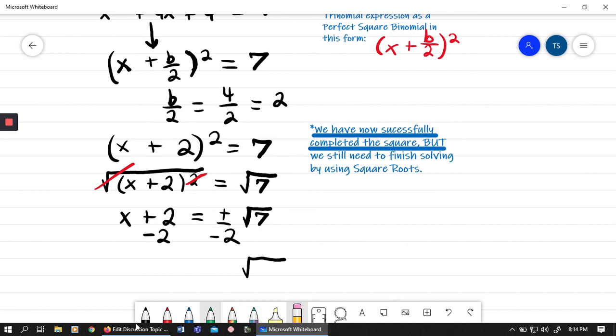Again, we've got two ways that we can write this. Remember, we can write the negative 2 in front of the plus or minus the square root of that 7, or we can write that negative 2 after we write that plus or minus square root of 7.